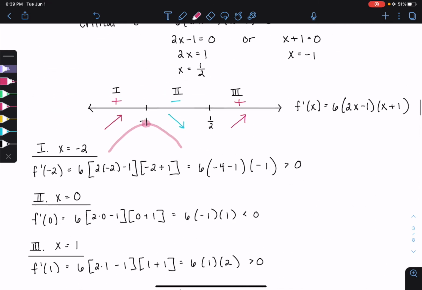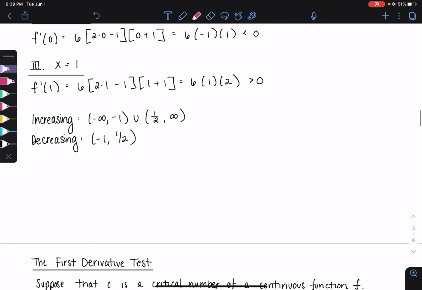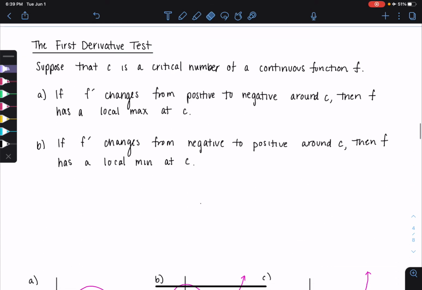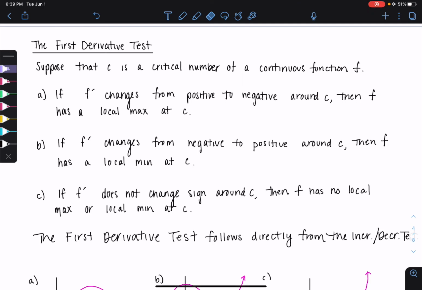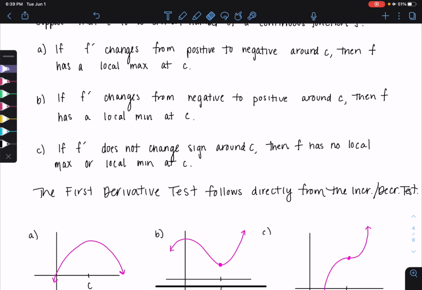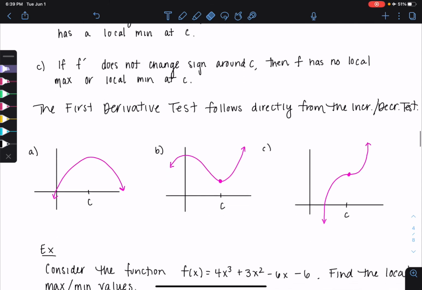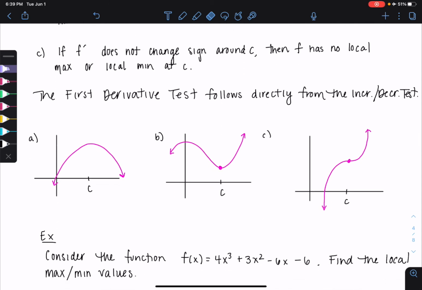So just like over here, goes down, comes back up, you have a local minimum at 1/2. If the function doesn't change signs, then it's not a local max or a local min. So really this follows directly from our increasing and decreasing tests. And I'll show you pictorially in all of these cases.